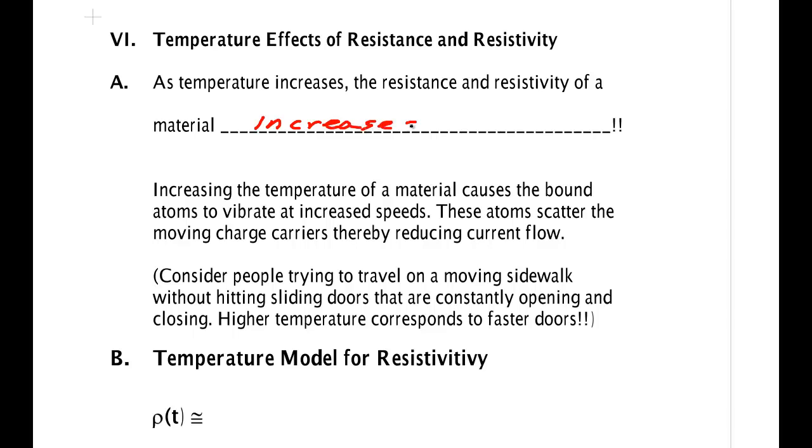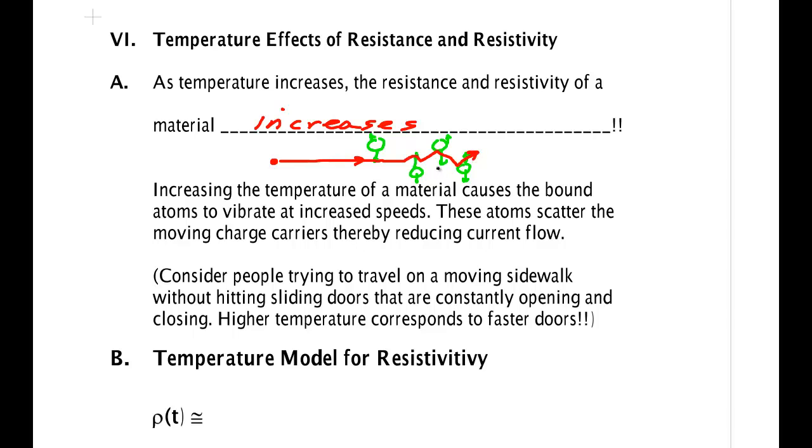And the way to think about this is that these little electron guys are flying along like this, and there's these atoms throughout the material, and these atoms are vibrating back and forth, kind of like doors opening and closing, and this electron or whatever this charged particle is trying to get through this barricade, and it's getting scattered.